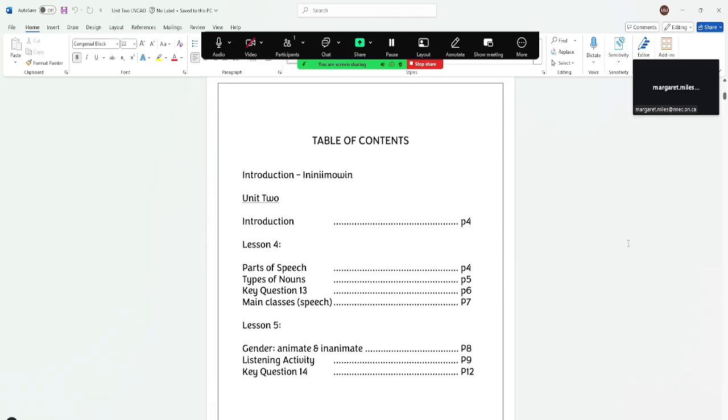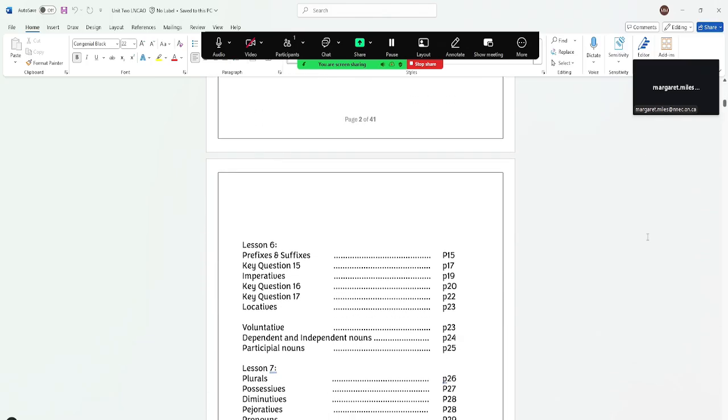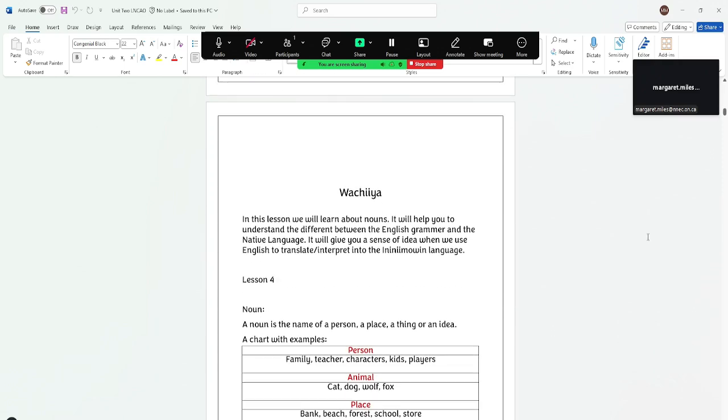Today we are starting Unit 2. In this lesson we are going to be learning about nouns, and this will help you to understand the difference between English grammar and the native language.